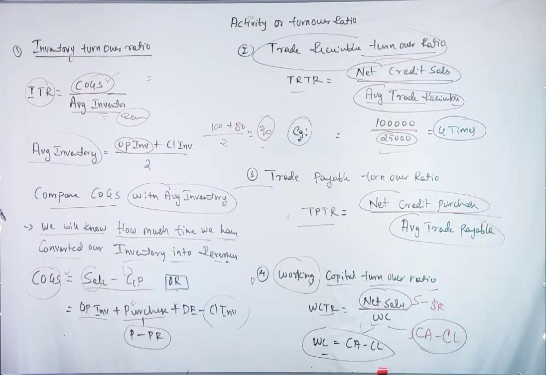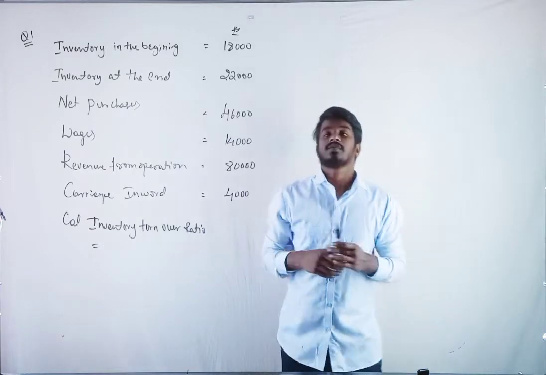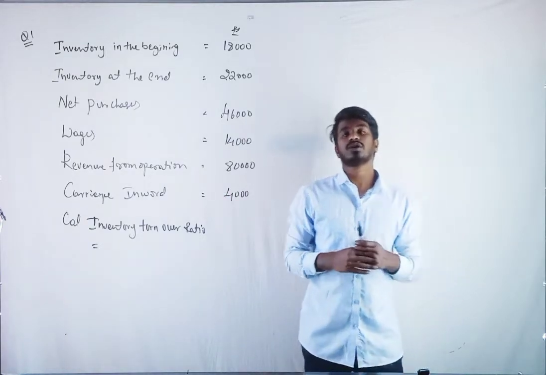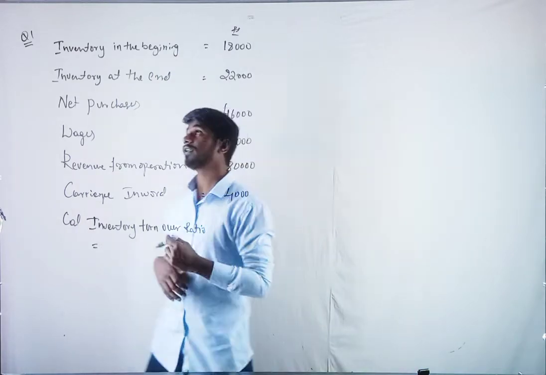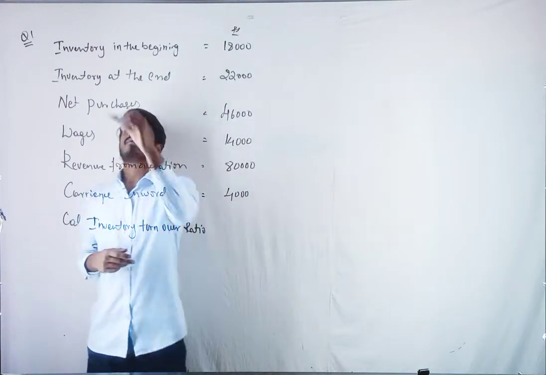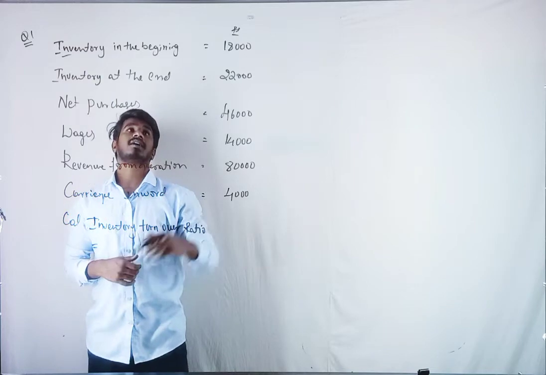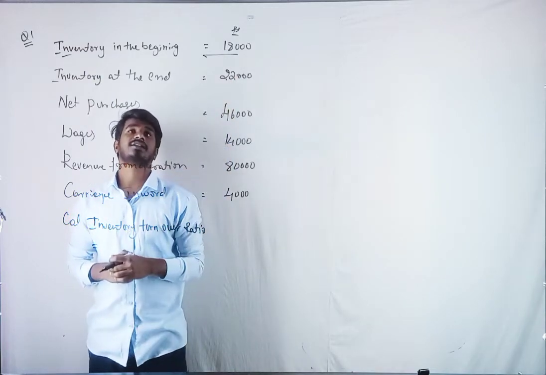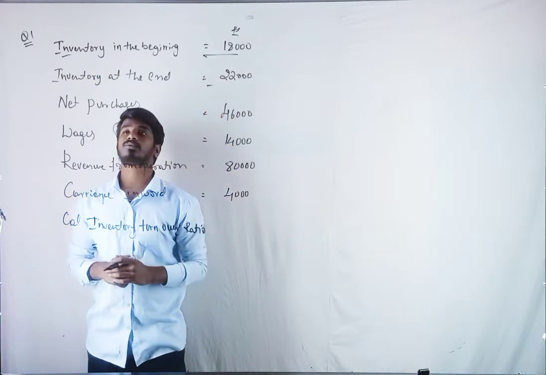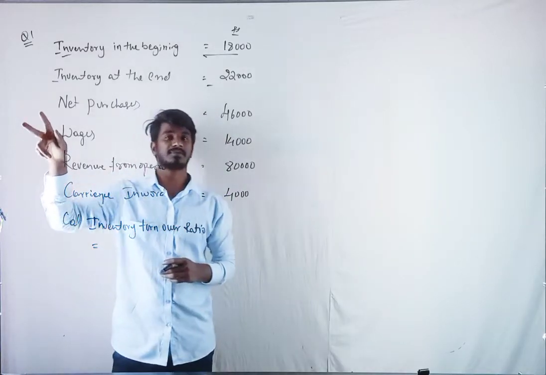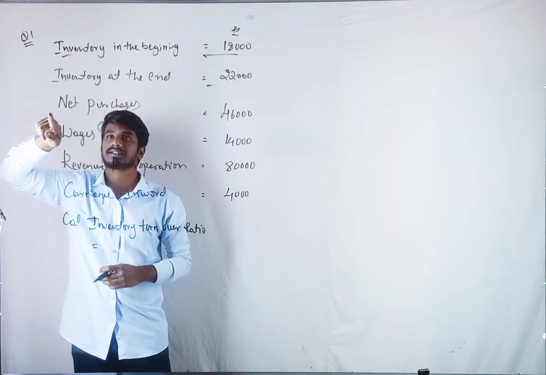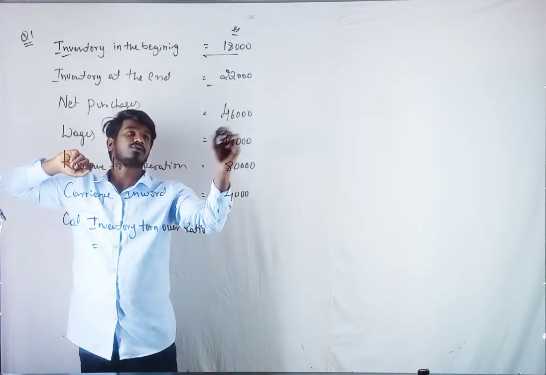So, question 1 is on the board. You can take down the question. Let us read the question first. They have given inventory in the beginning of the year 18,000, in the end of the year 22,000. Net purchases means purchase minus purchase return, which is 46,000.